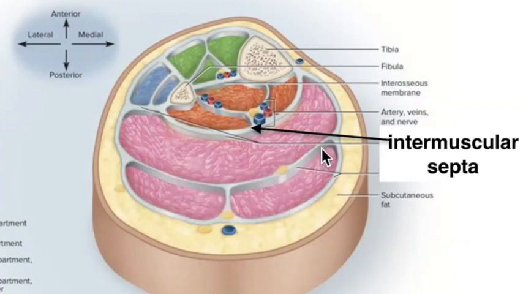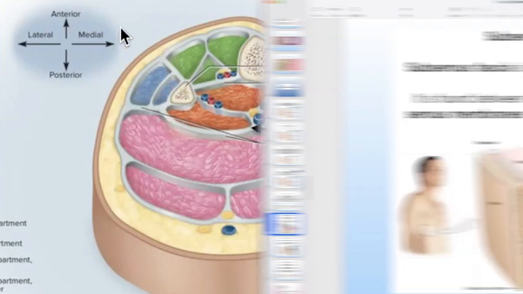And that's a thin layer of fascia that's separating the muscles. But there's a really thick intermuscular deep fascia layer that's separating all of the pink muscles from the orange, the blue, and the green muscles.